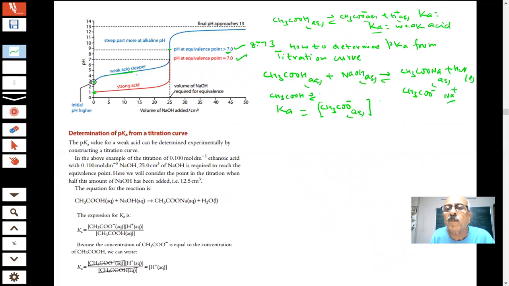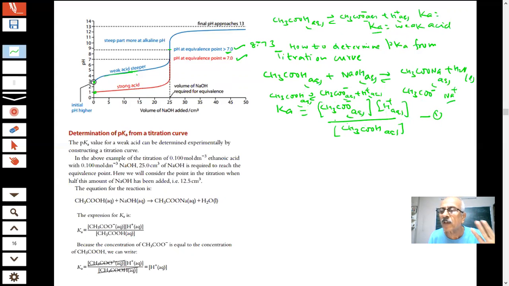What is the formula which we wrote? [CH3COO-][H+] divided by [CH3COOH]. These are all aqueous. Okay? This is correct. How do I write the Ka for acetic acid? Is this formula correct? Tell me. Any doubt?